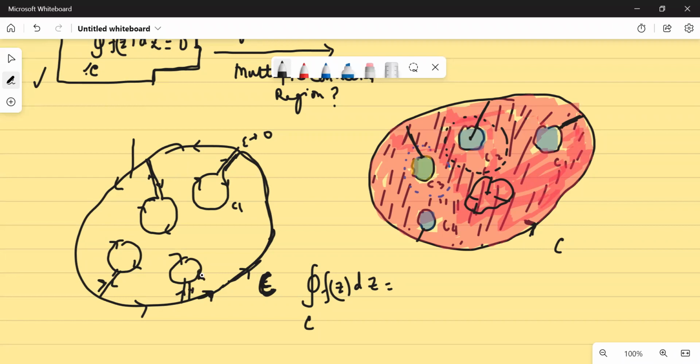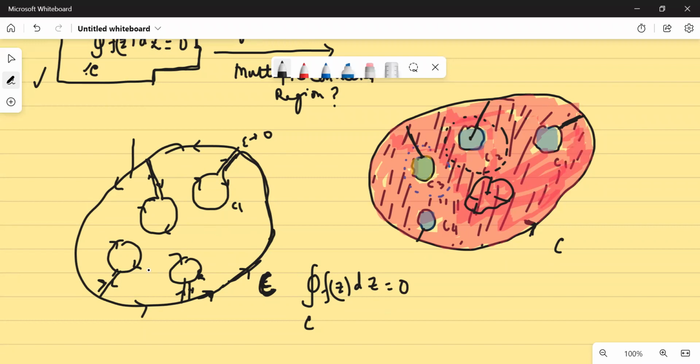Okay, are you getting my point? So basically, in order to go around this closed curve C, instead of saying that this is my multiply connected region, I would simply make it a simply connected region. Once I've made it a simply connected region, this integration would become 0.